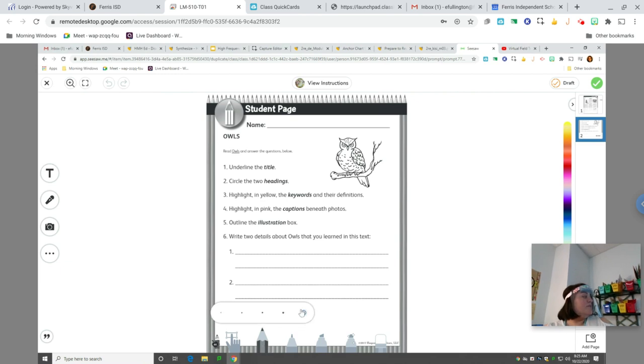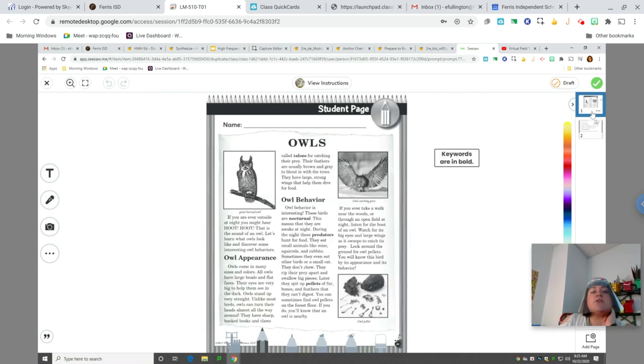If you click on the pencil, it should give you the thickest circle here. That's going to make it really thick. Because our first step, what does our first question say? Go ahead, Mackenzie. Underline the title. So let's go back to the first page and we're going to find the title and underline it together. So right here, I have my cursor and I'm going to underline Owls. That is my main title.